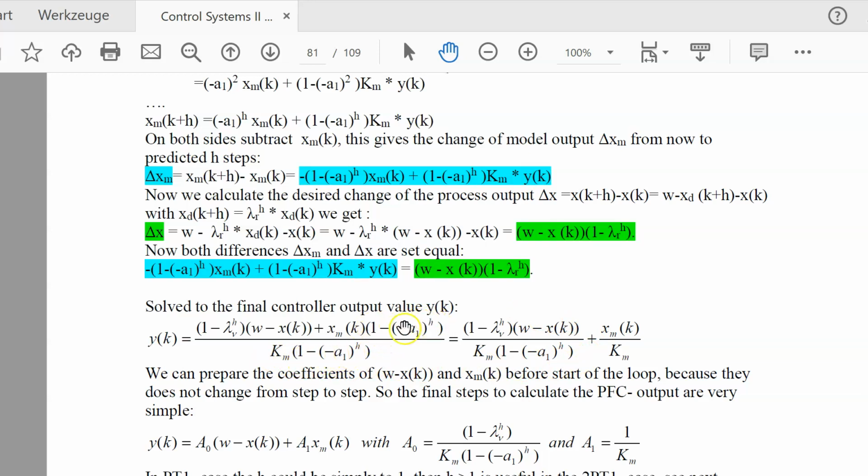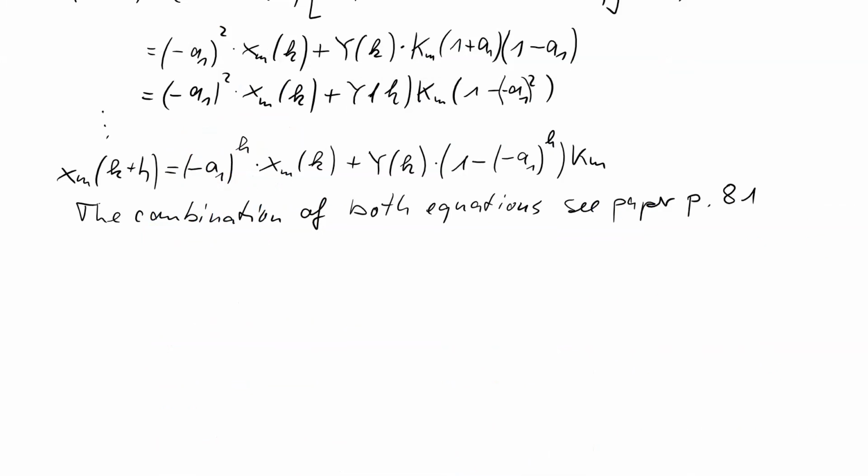Here again this is the same expression, so we have here an xm of k divided by a km. So let's look for this final equation. I copy this and we will talk about this equation in the next step.